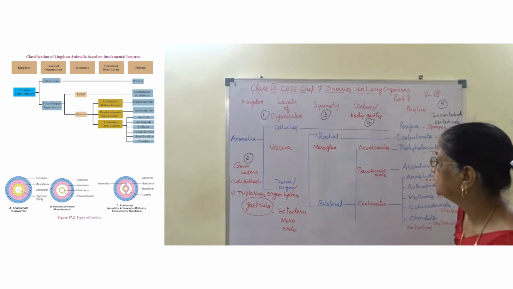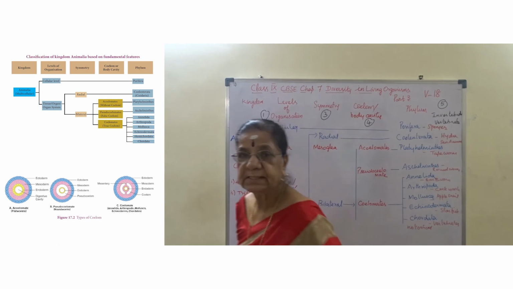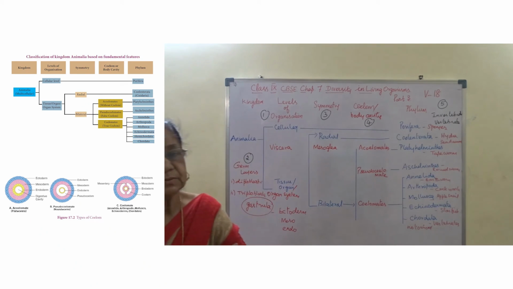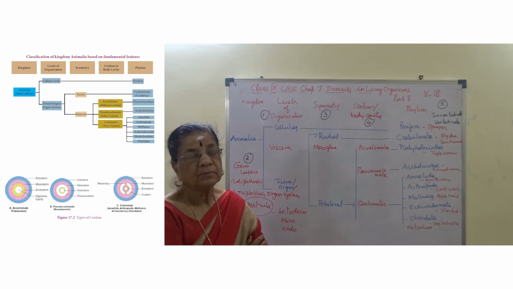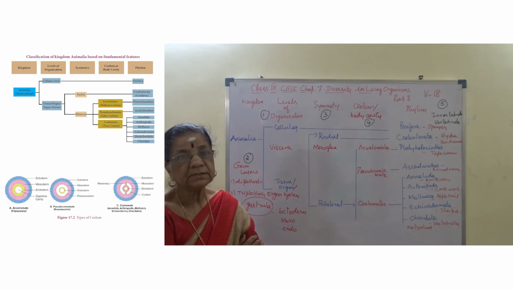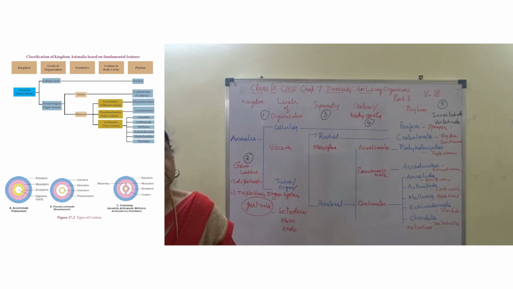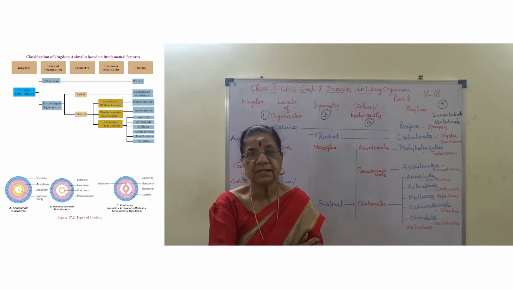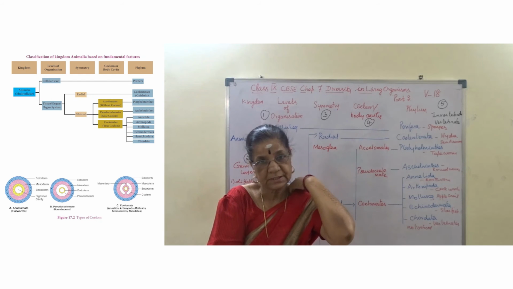For phylum Coelenterata, what are the characteristic features? It is kingdom Animalia, diploblastic with radial symmetry. They occur in two forms, polyp and medusa: one is free floating in the aquatic form, and the other is attached to the substratum.